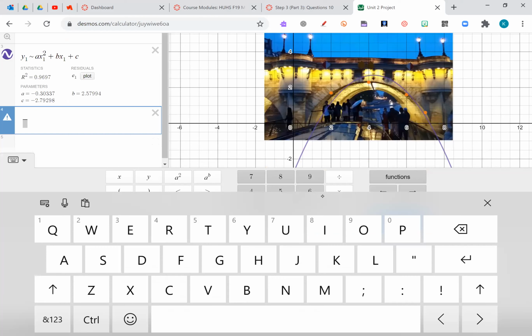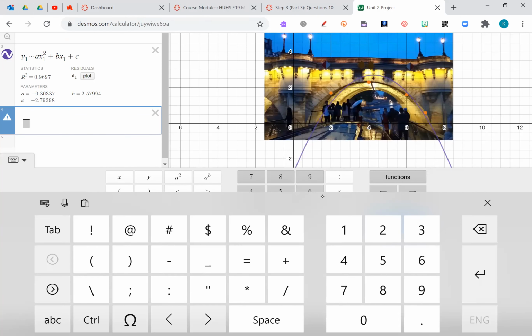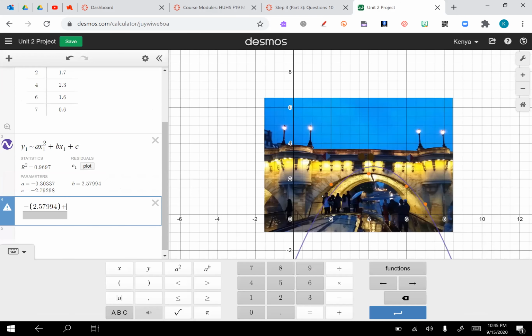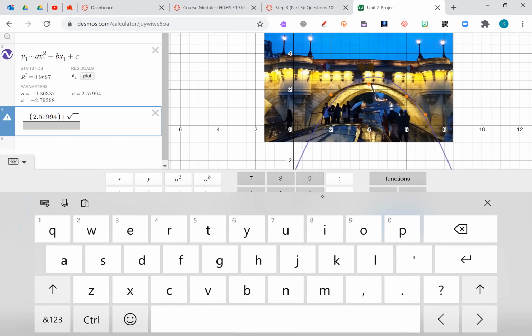All right, so that's going to be negative B. So negative 2.57994. All right, plus the square root. Square root is actually on the Desmos keyboard.